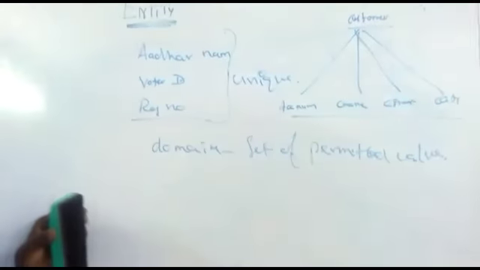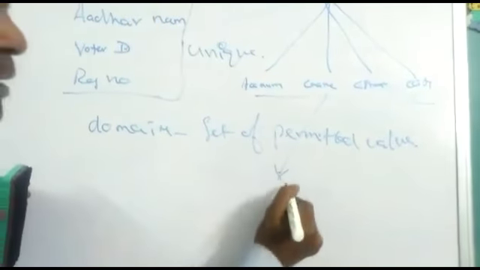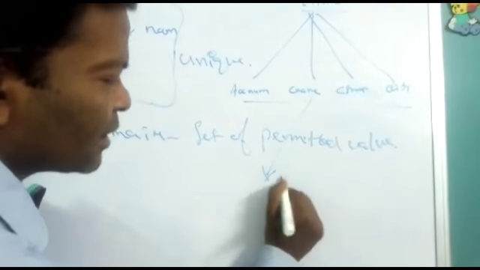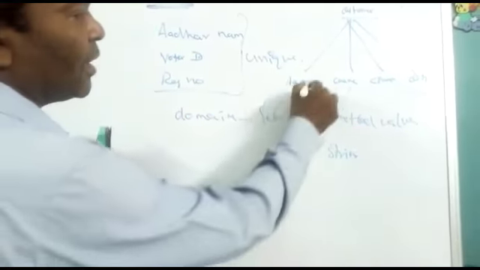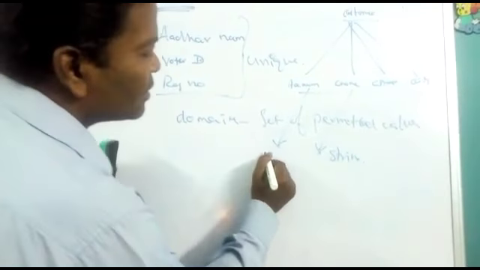For example, I take this customer name. The customer name has a set of permitted strings of certain length. And here comes account number. It is the set of positive integers. So these are called domains.